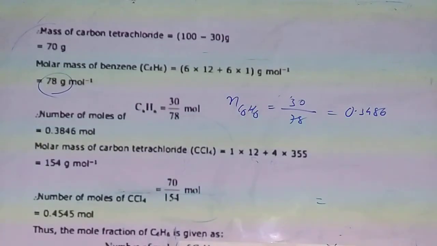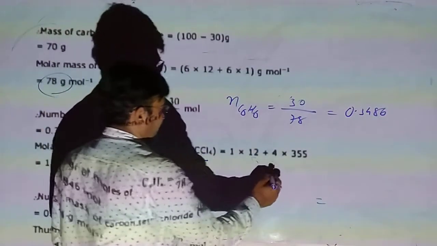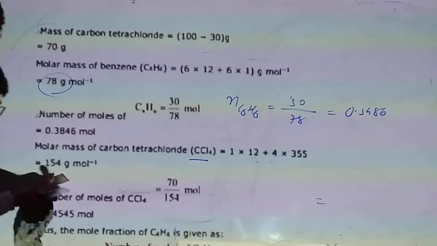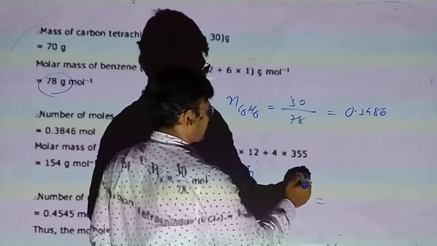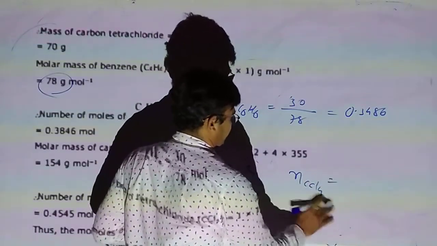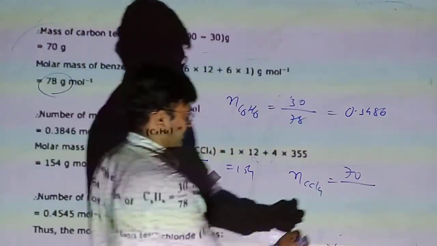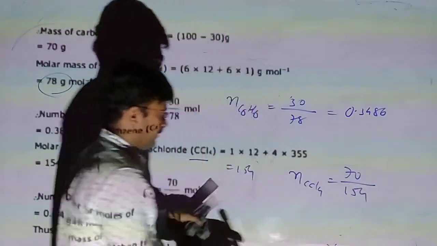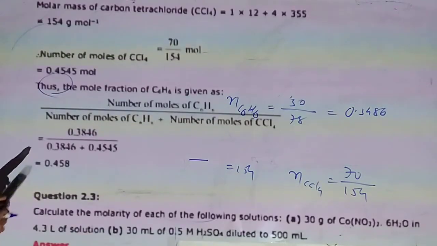It is mole of benzene. Now molar mass of CCl4, carbon tetrachloride, is 154. So mole of carbon tetrachloride is the mass of CCl4 upon molecular mass, 70 divided by 154. So 0.4545 is the mole of CCl4.